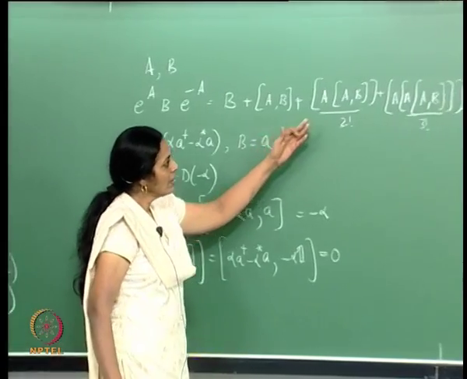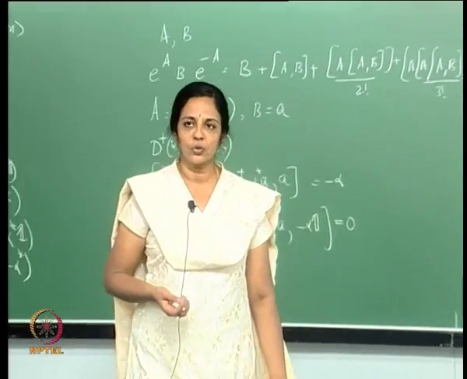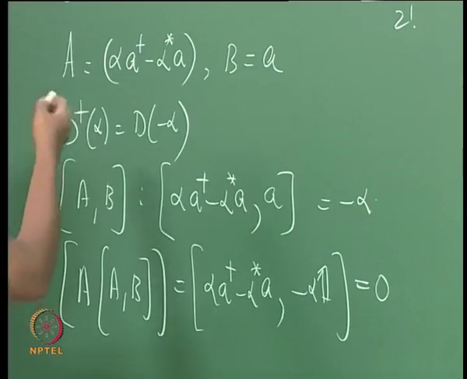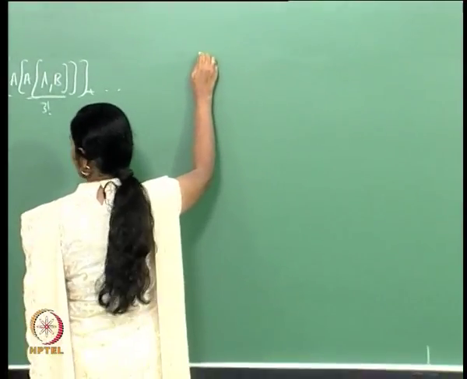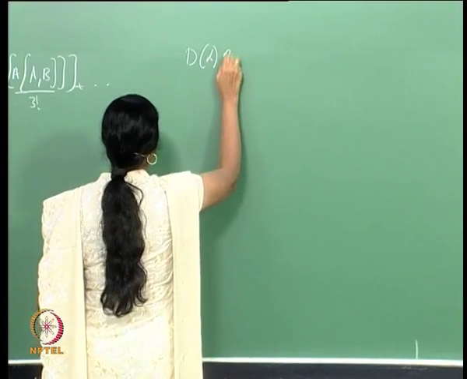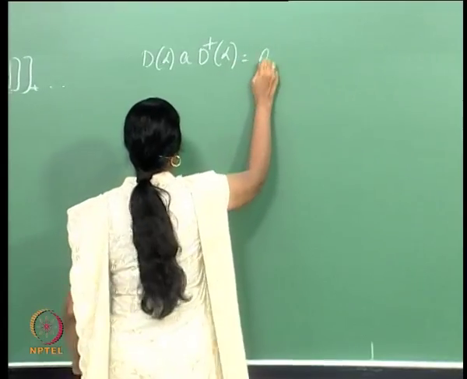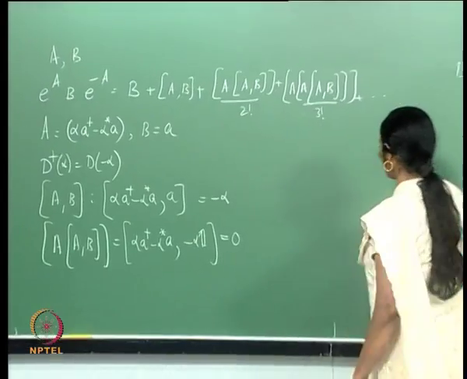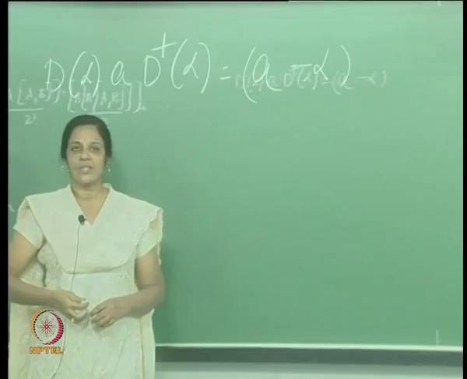Now as a result, all these terms vanish and do not make a contribution. I therefore can write D of alpha a D dagger of alpha is a from the first term plus the commutator of A with B, which is minus alpha.